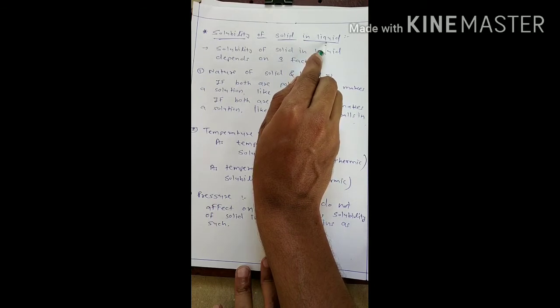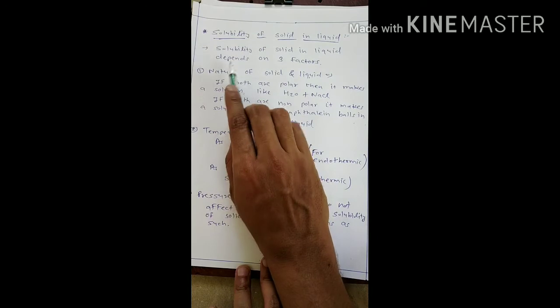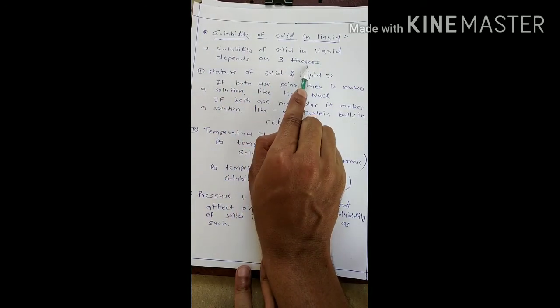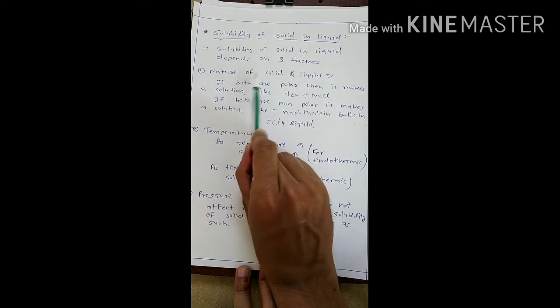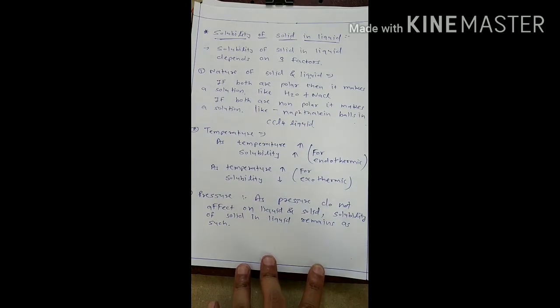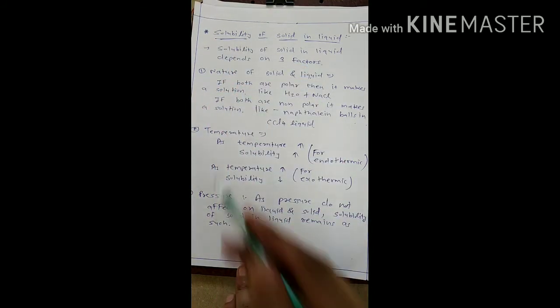So liquid is solvent and solid is solute. Now this solubility depends on 3 factors. First one, nature of solid and liquid both, meaning solvent and solute both. The nature of these both affects solubility.